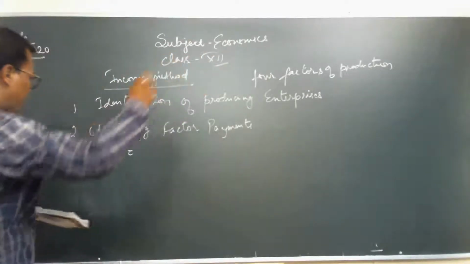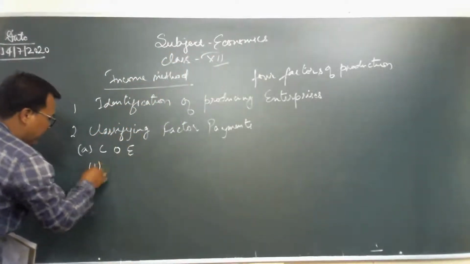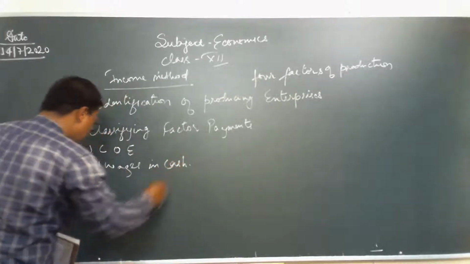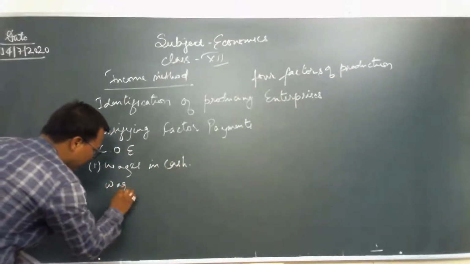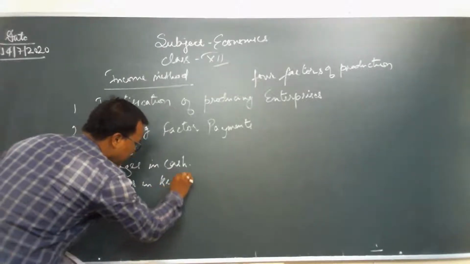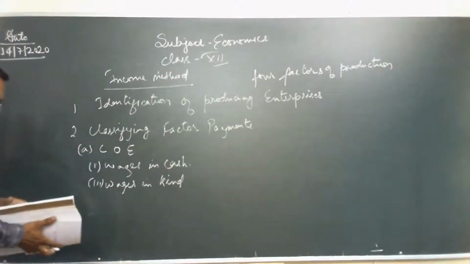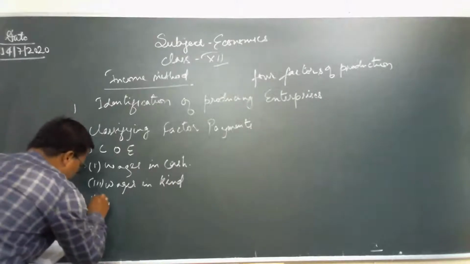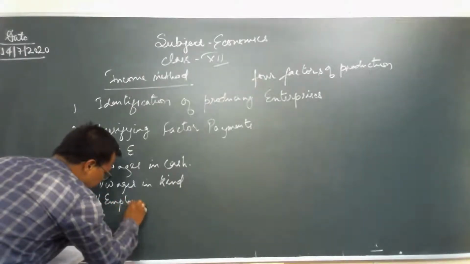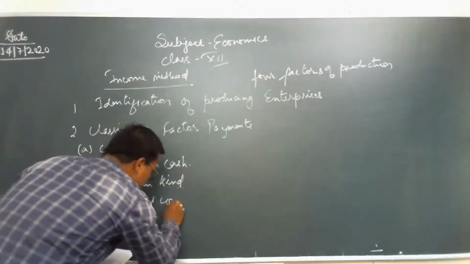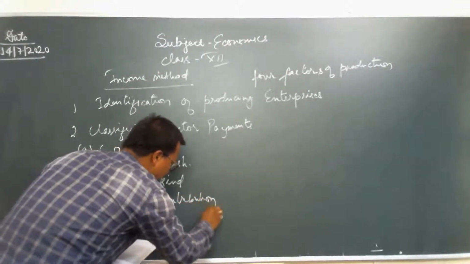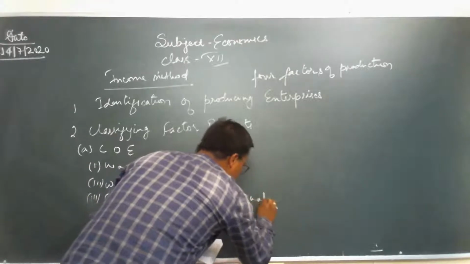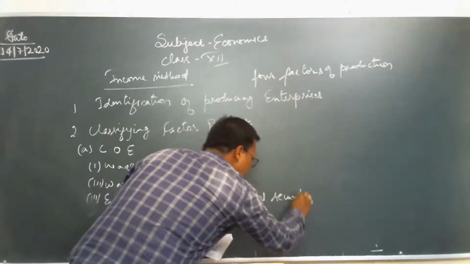So basically, compensation of employees will be subdivided: first, wages in cash; second, wages in kind; and the third, employer's contribution to social security schemes.